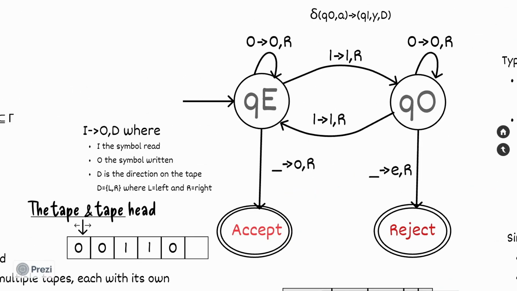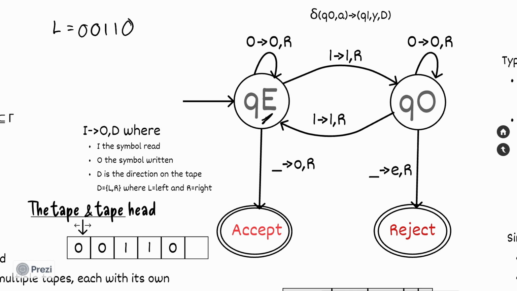Let's look at an example. Let's consider the string L equals 0, 0, 1, 1, 0. Now initially the tape head will be at the beginning of the tape, and the Turing machine will be at its initial state, in this case Q0.